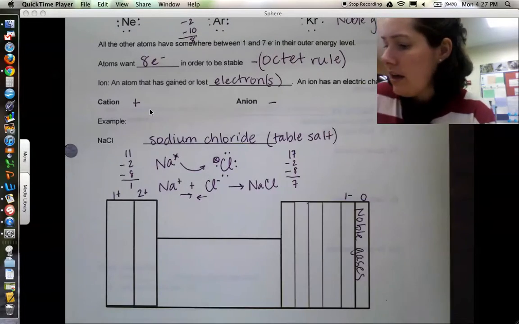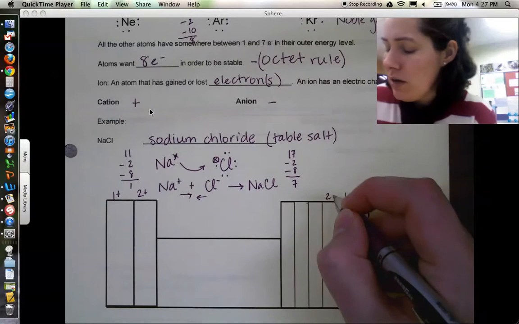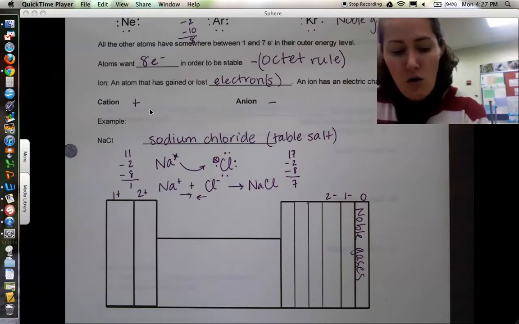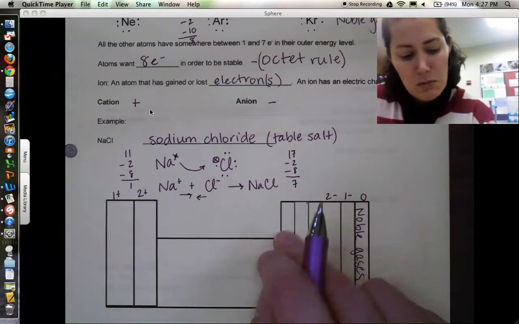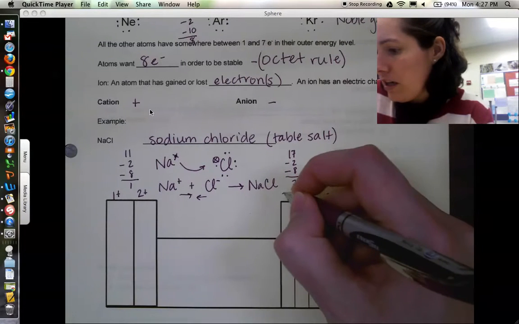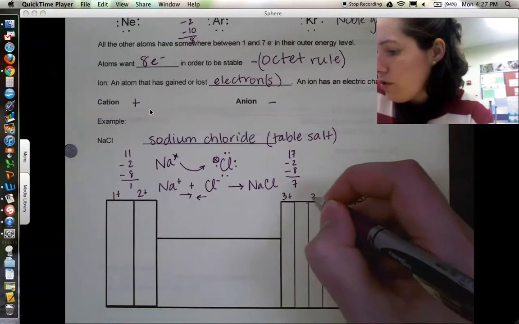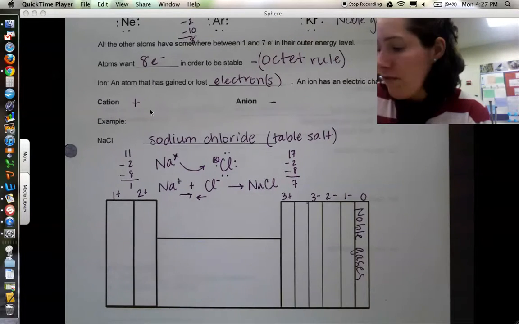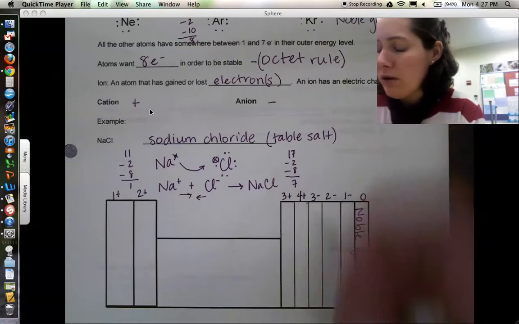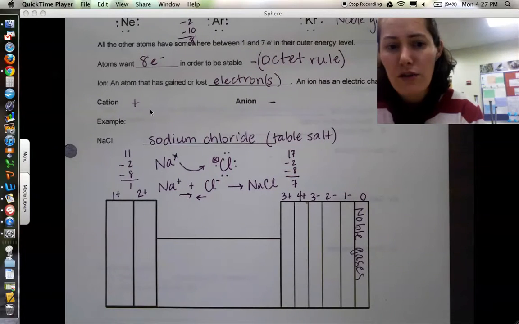They have what we call an oxidation number of 2 minus. We can go this way. We're going to skip these middle ones for a second. We're going to come over here. These have a charge of 3 plus. These have a charge of 3 minus. And then finally we have 4 plus or 4 minus. We'll just leave it as 4 plus for now.